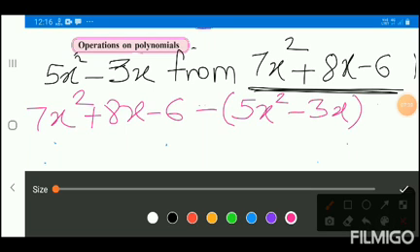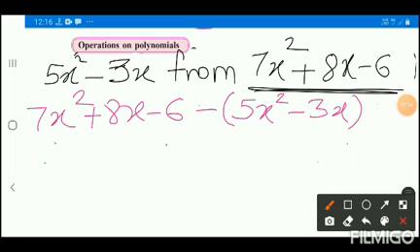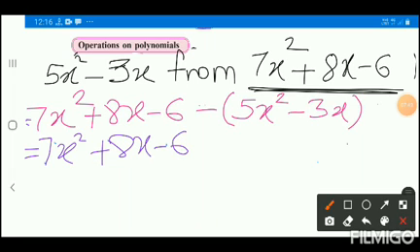Now look, you can see there is a minus sign outside the second bracket, so the first polynomial I will write as it is, and the signs of the bracketed one will change. 5 is positive, the negative sign is outside, so it becomes negative. Negative 3x becomes positive 3x.